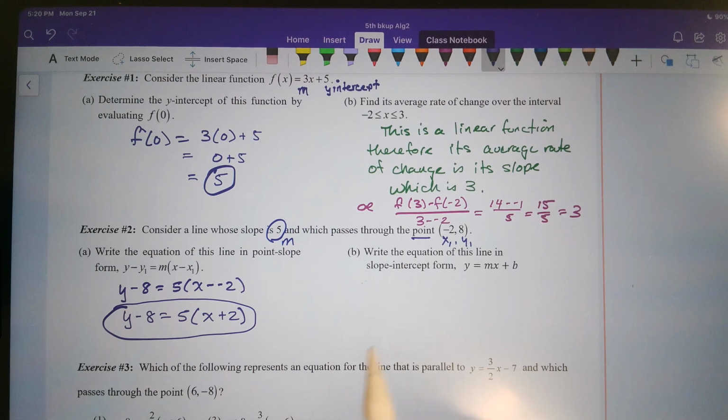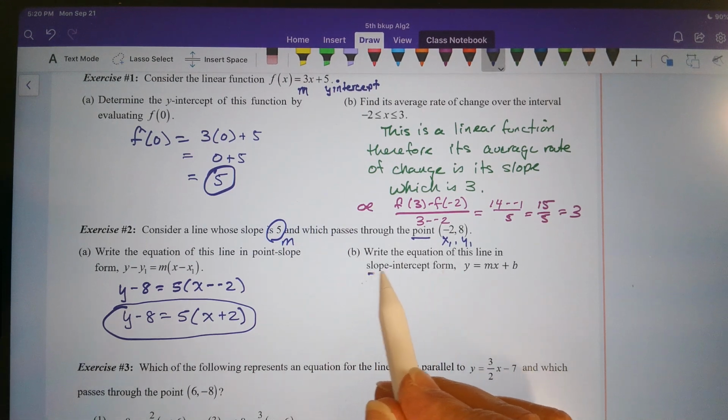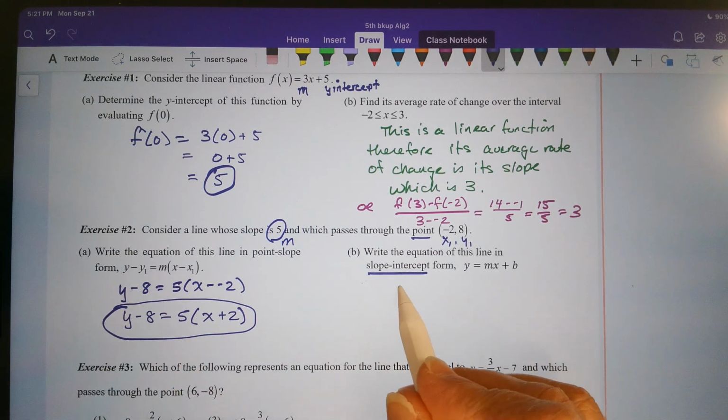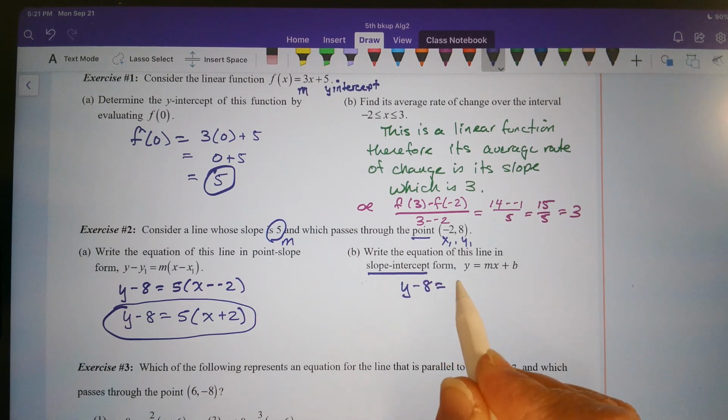Write the equation of this line in slope-intercept form. Okay, in other words, we need to get y by itself. So take this here and just get y by itself. And also we'll distribute and simplify the right-hand side. So let me just copy this over first.